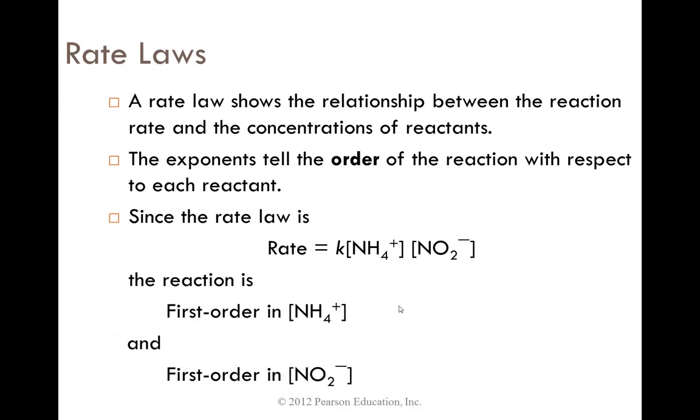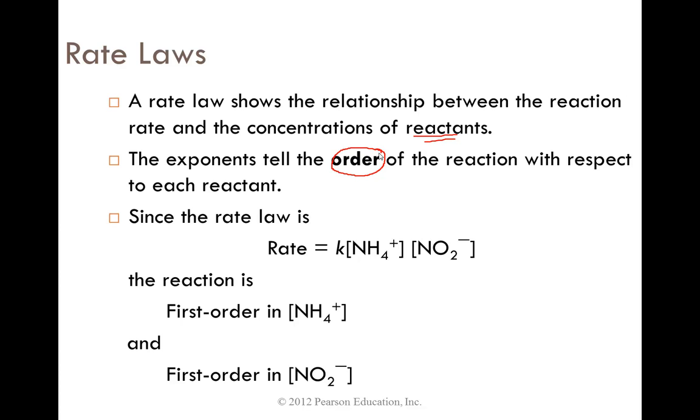A rate law shows the relationship between the reaction rate and the concentration of the reactants. Note that we're always talking about the reactants here, to the left side of the equation. The exponents tell the order of the reaction with respect to each reactant.